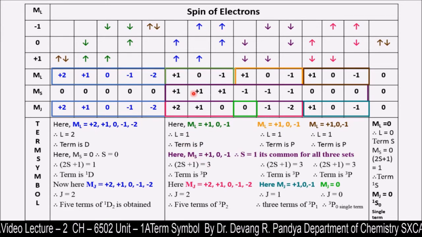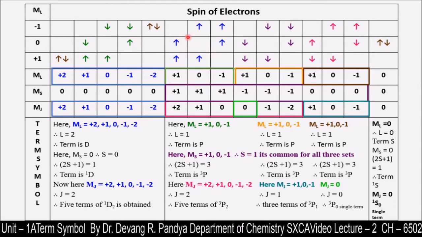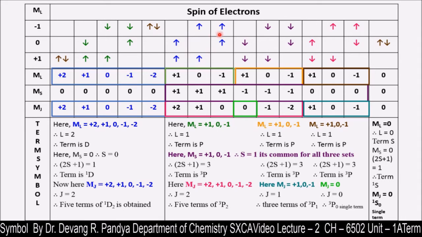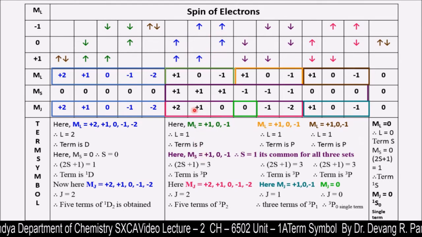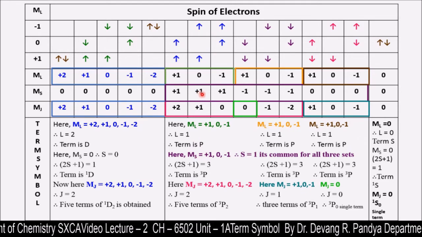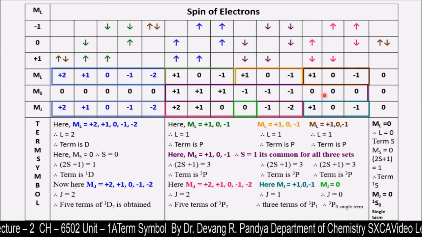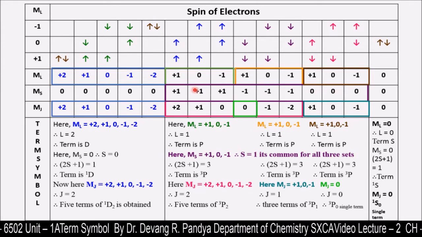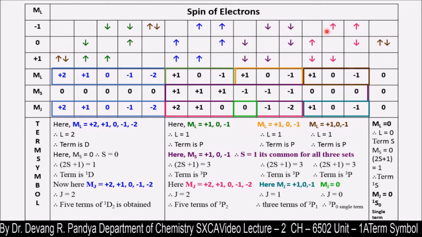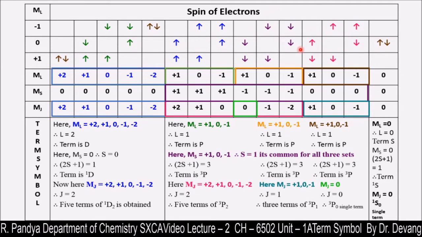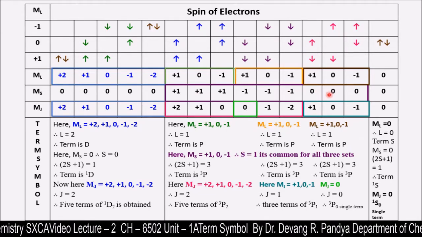M subscript S value, because all these 3 arrangements have alpha spin, so your M subscript L value is also +1, 0, -1. So all these 3 sets, set 1 that is this one, set 2 that is violet, set 3 that is pink, for all these 3 we have these values, +1, 0, -1.